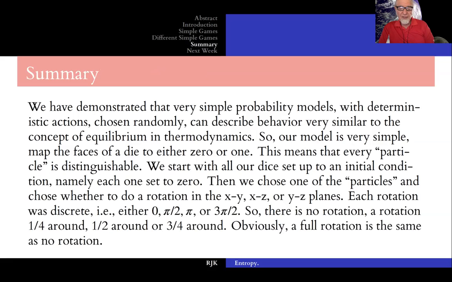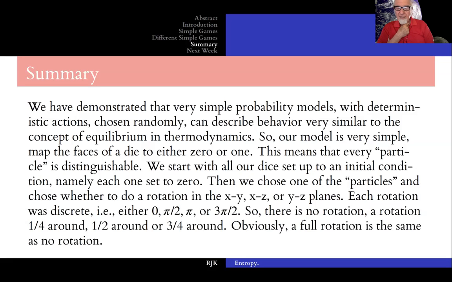We did this in a way to try to model the way real systems do, at least in terms of having 6 dimensions for each particle. So we had a die that had 6 numbers, which were mapped into 0s and 1s.